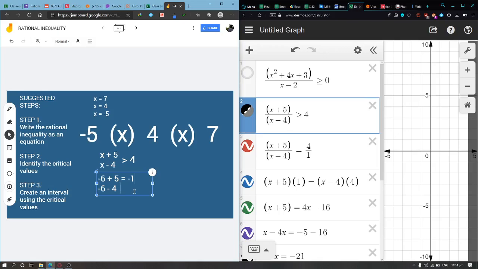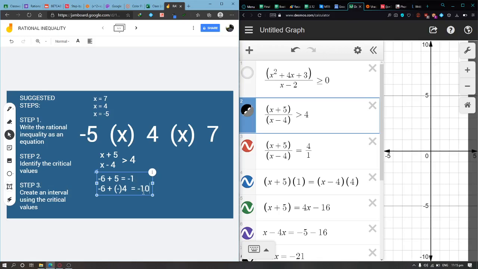So in here, change this subtraction into addition, and then change the sign of 4 from positive into a negative sign. So negative 6 plus negative 4 is equal to negative 10.